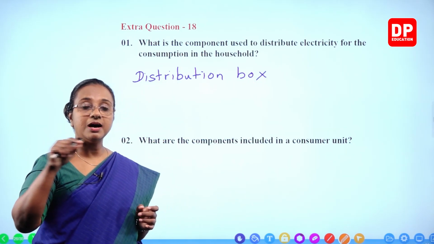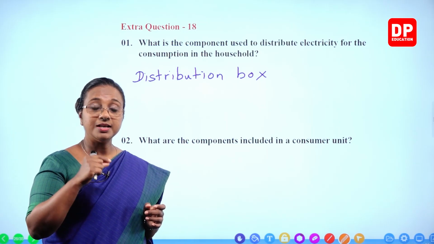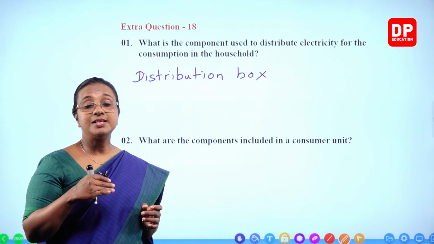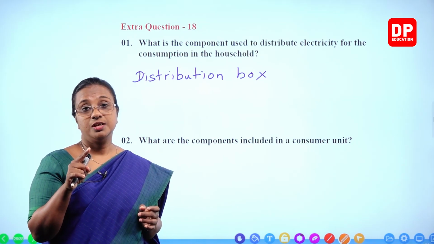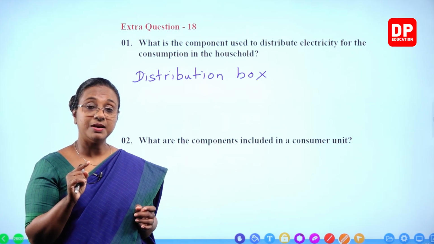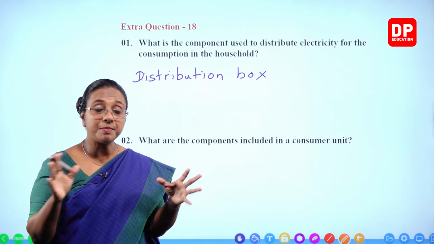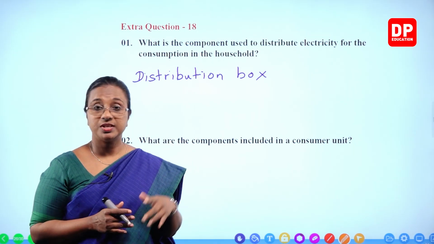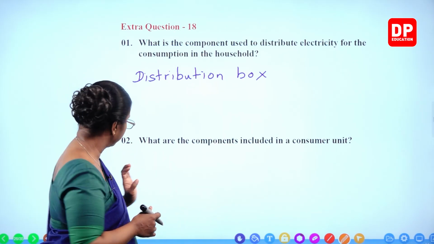There is a bus bar where all the live wires are connected, but from the bus bar, before the live wire supplies electricity to the different appliances, there is a fuse. So that is the miniature circuit breaker, and then electricity is supplied to different parts of the household. That is by the distribution box.